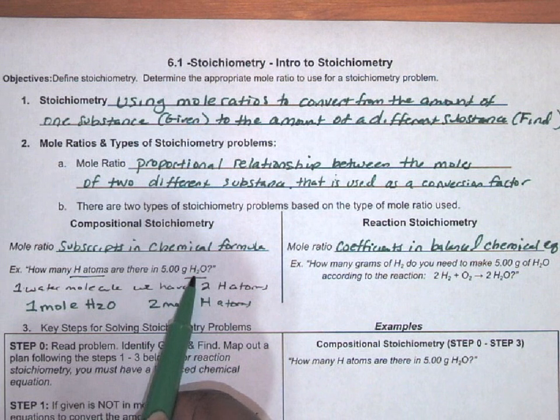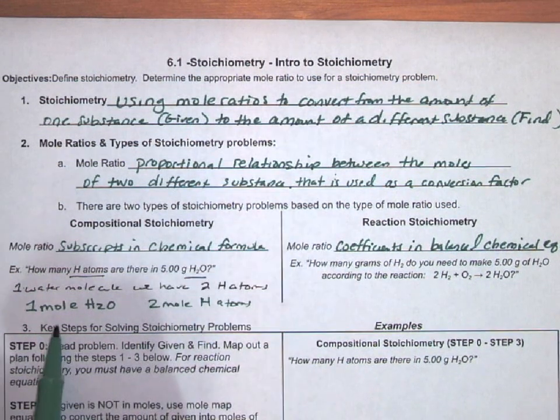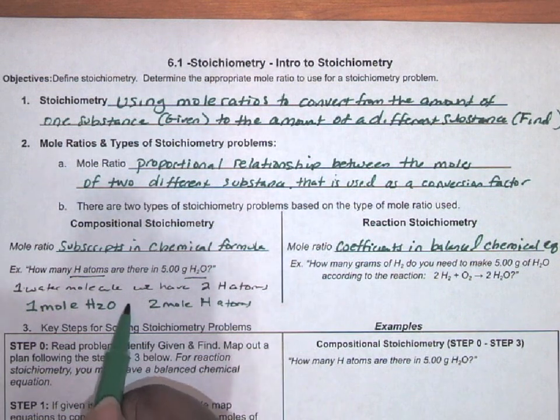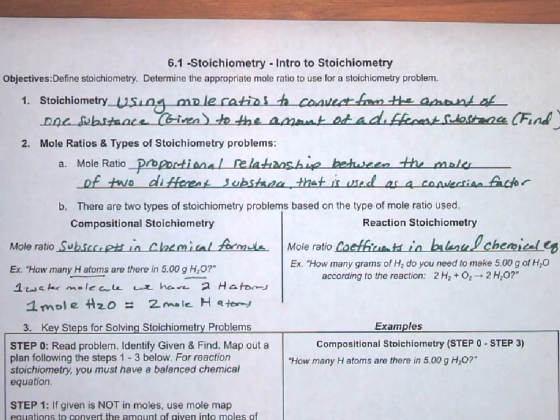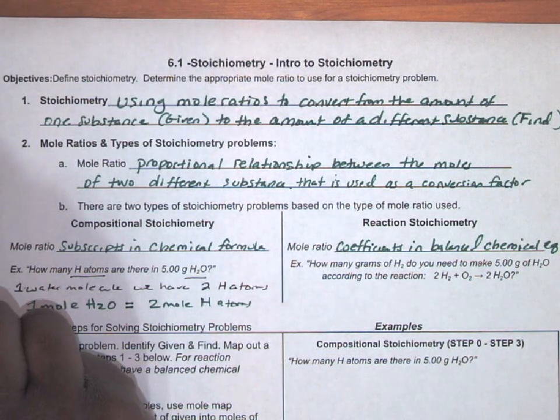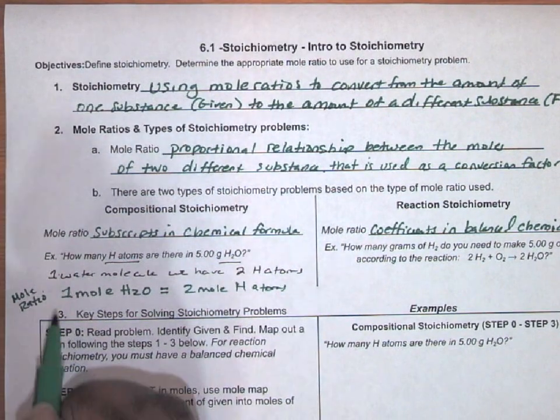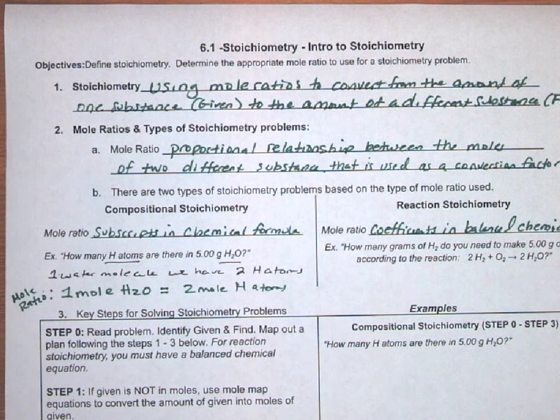That subscript 2 tells me for every 1 water molecule, I would have 2 hydrogen atoms. So if I had 1 mole of water molecules, I would have 2 moles of hydrogen atoms. And we can express our mole ratio with an equal sign in the middle. So this is our mole ratio for this example. Again, in compositional stoichiometry, you get it from the subscripts.